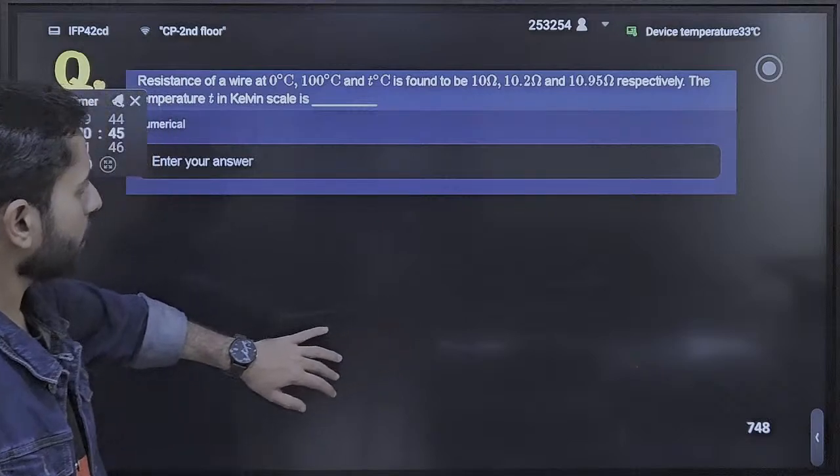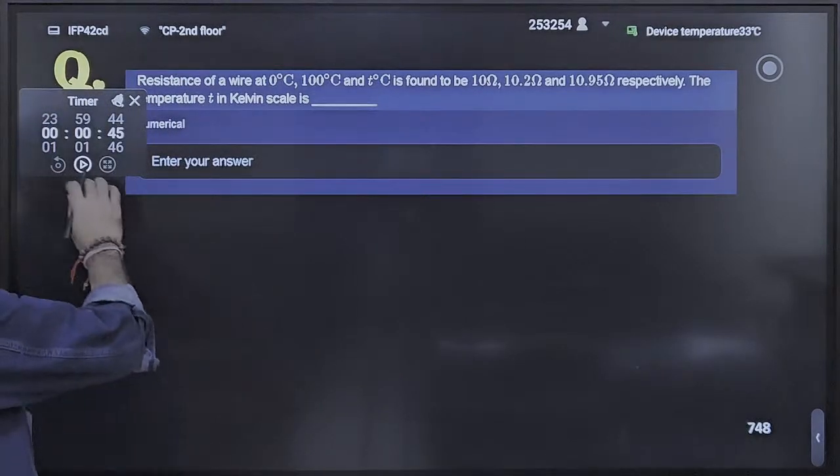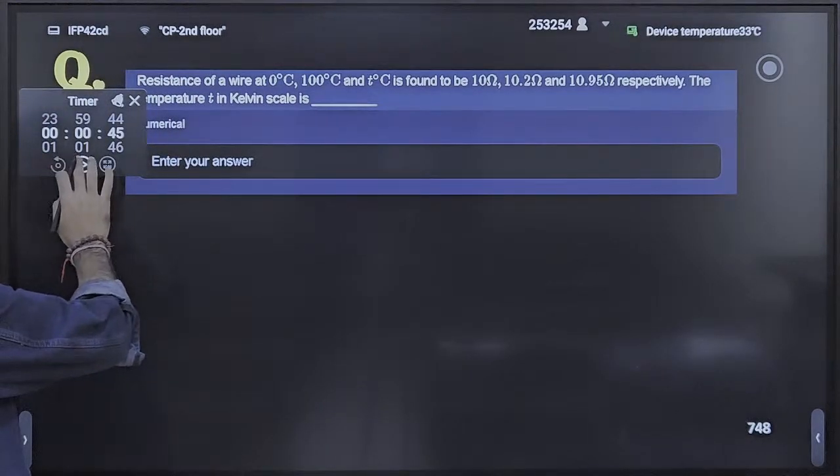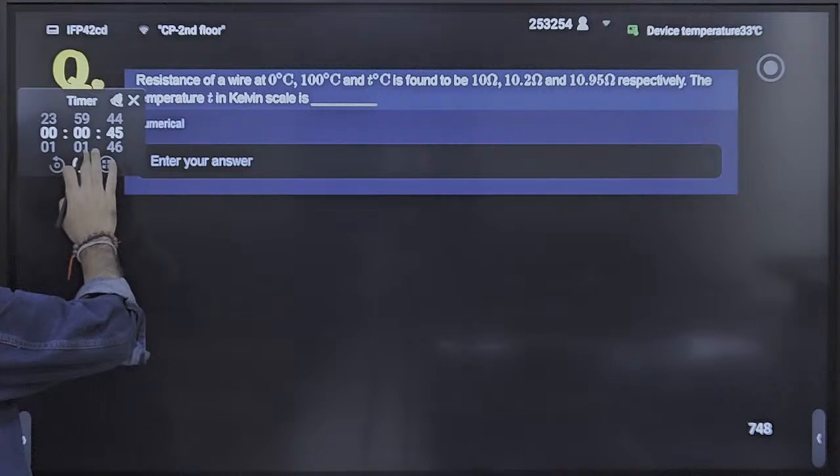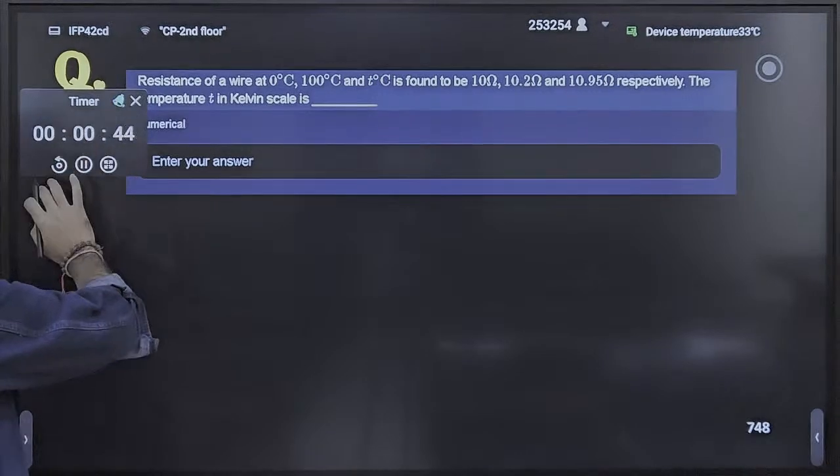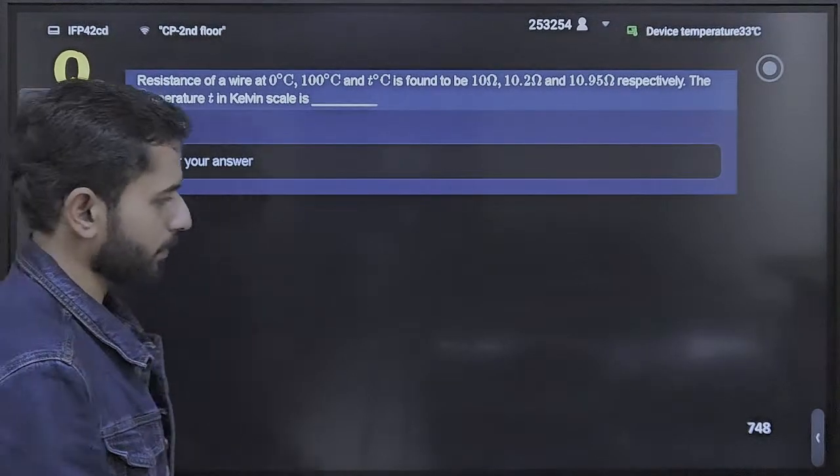Let's move to the next question. This one. Variation question. Again, I will say formula based question, but maybe a little bit of calculation. So, solve it.